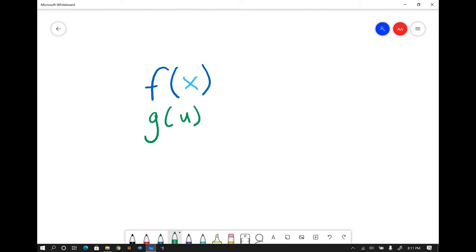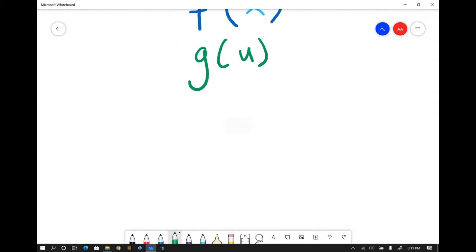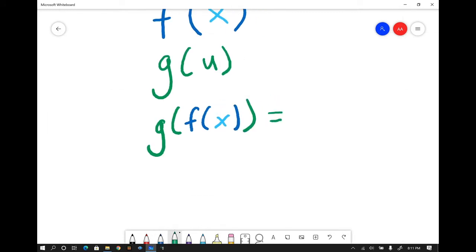So, let's say that g of f of x is equal to some new function, which we'll call j of x. So j of x is equal to g of f of x.